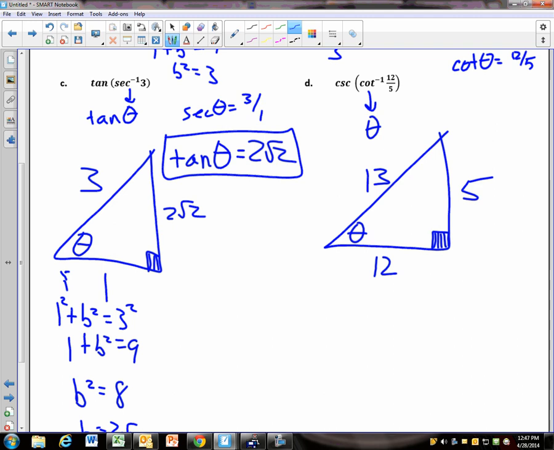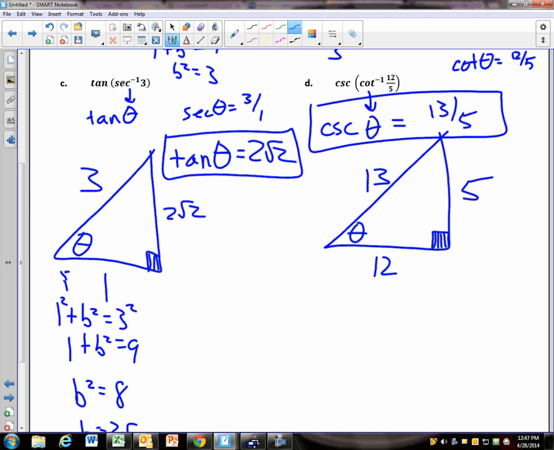So, this problem is really asking not the cosecant of cotangent inverse, but rather the cosecant of theta. Cosecant is equal to hypotenuse over opposite. Yep, 13/5. So really, all you have to be able to do is construct your triangle and understand how to get those pieces.